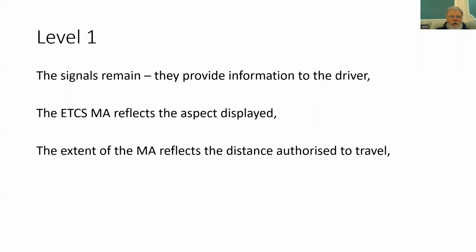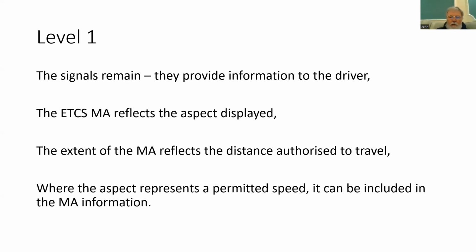So if you remember level 1, the signals remain. They provide the primary information to the driver. The movement authority, which is transmitted by balise groups, normally at the signals or infill balises, reflects the aspect displayed. And the extent of that movement authority also reflects the distance that your train is authorized to travel based on the displayed aspects.